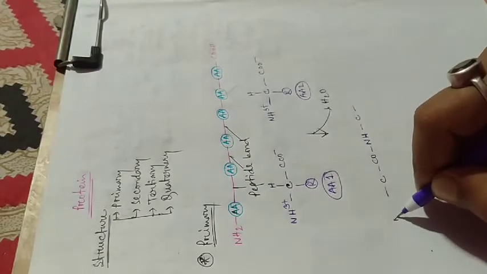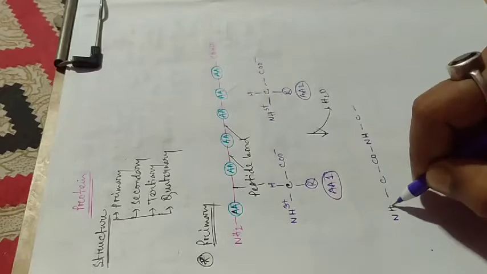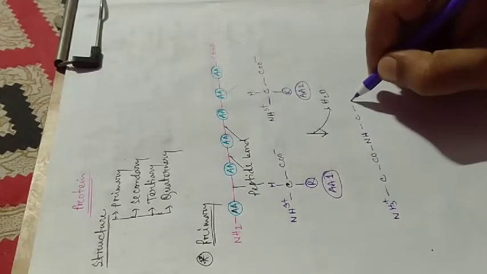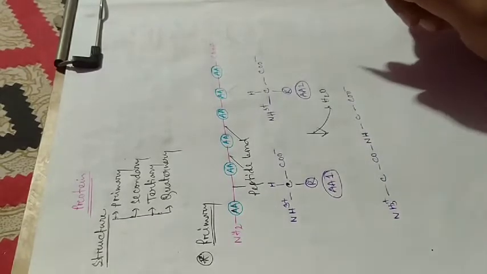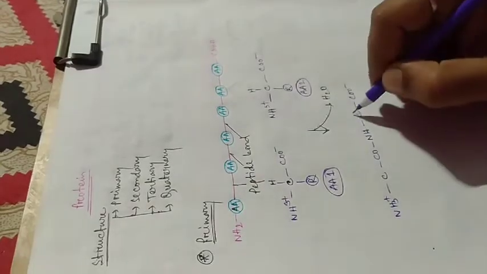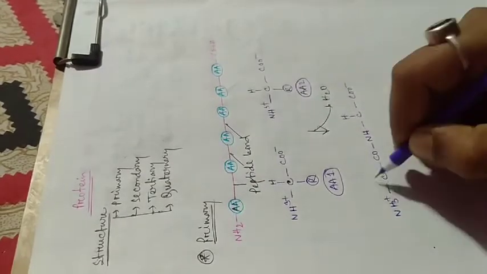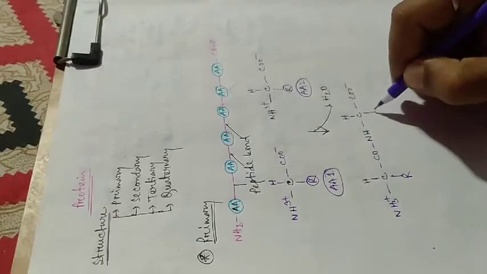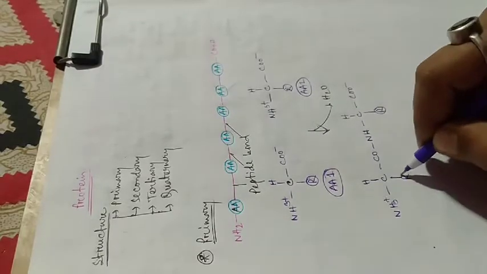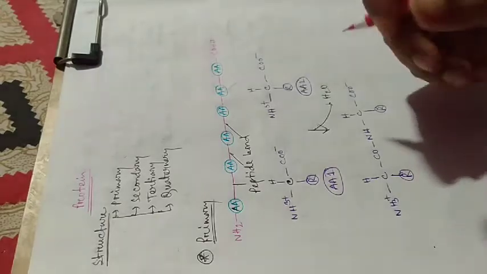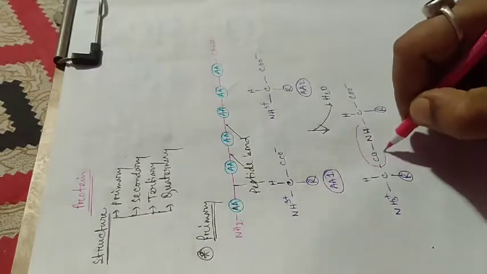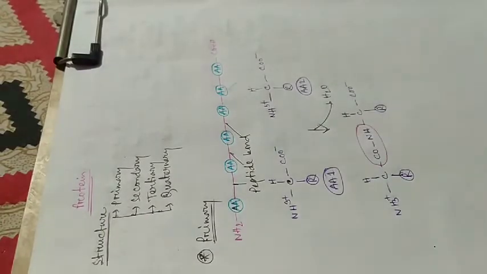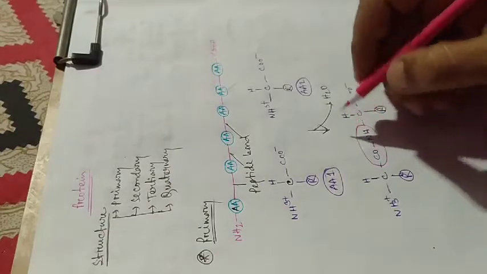Here NH3 plus is present and here COO minus is present, and the side chain. So that is the peptide bond, CO NH. That is the peptide bond.